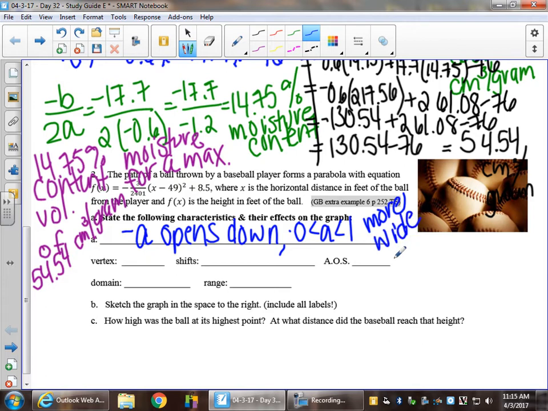All right, you can pass the ball off. But tell them before you throw that. Imad, what is my vertex? 49, 8.5. Okay, pass it off. Emmanuel, what are my shifts?